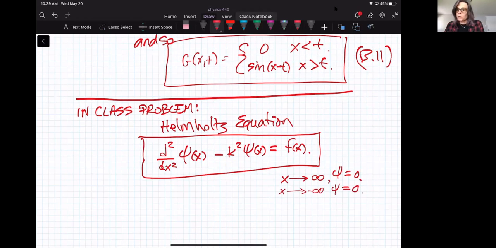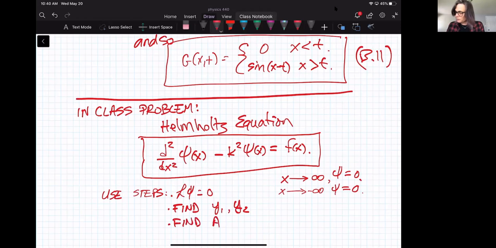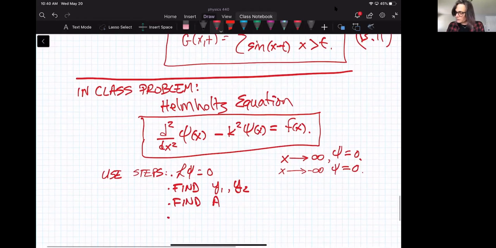Okay, so in your groups, use the steps. That is, identify L psi equals 0. Find y1, y2, which means finding A, which means then finding ultimately g of x,t, given these conditions.